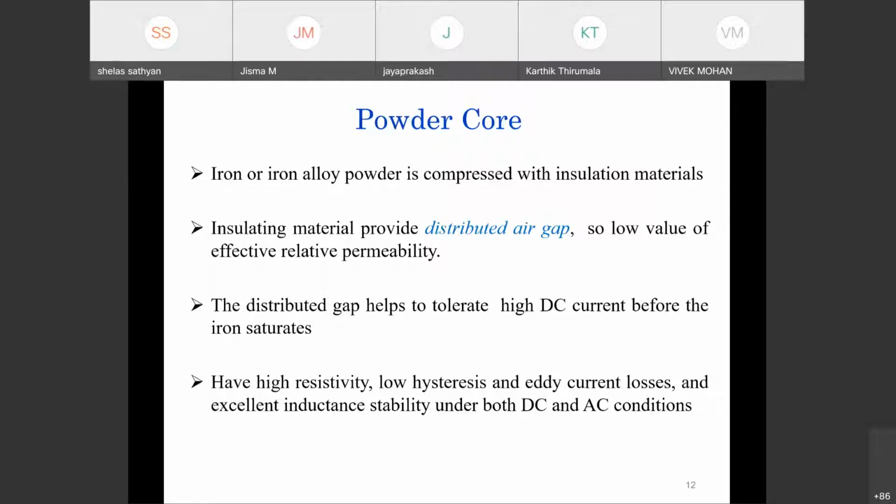But compared to the material, this insulating material is something analogous to an air gap. Since these insulating materials are distributed throughout the core, we could say such a material has a distributed air gap. So once you have a distributed air gap, what will happen? The relative permeability of the material reduces.